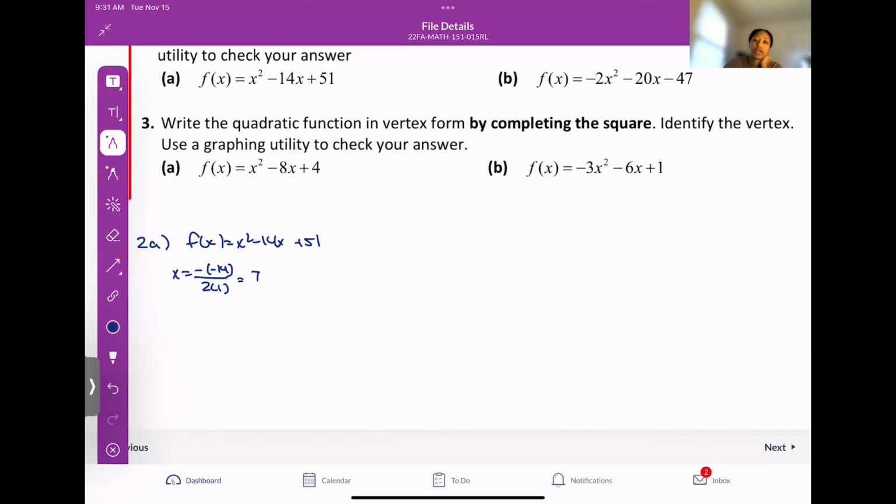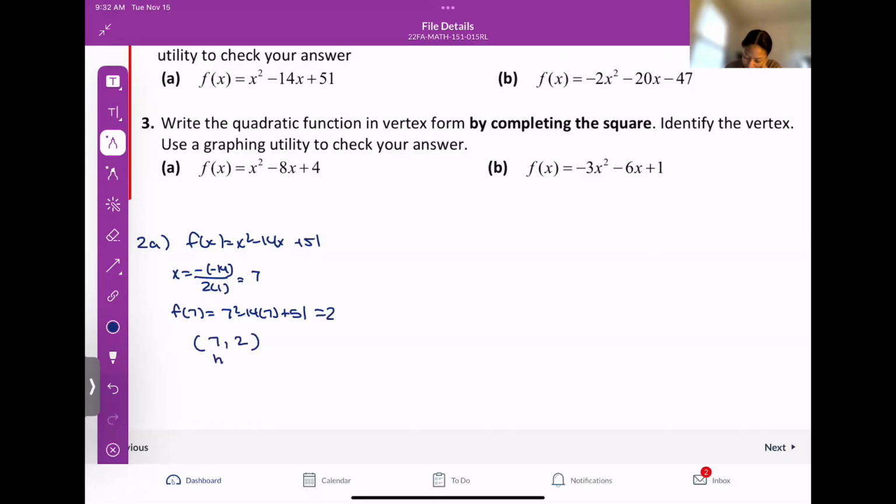That's the x coordinate of the vertex. For the y coordinate of the vertex, of course, we just plug this back into the function. So f of 7 equals 7 squared minus 14 times 7 plus 51 equals 2. Great. Okay. So putting these two things together, our vertex is 7, 2.